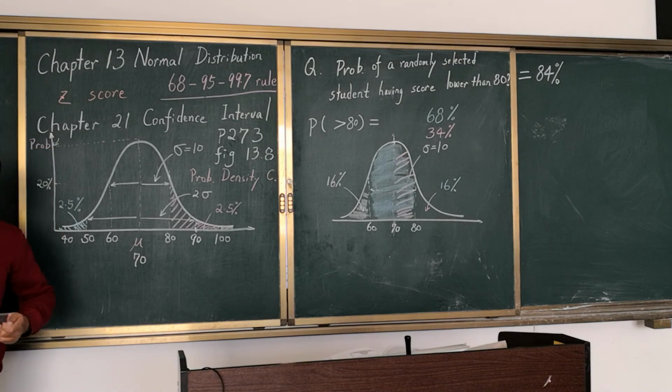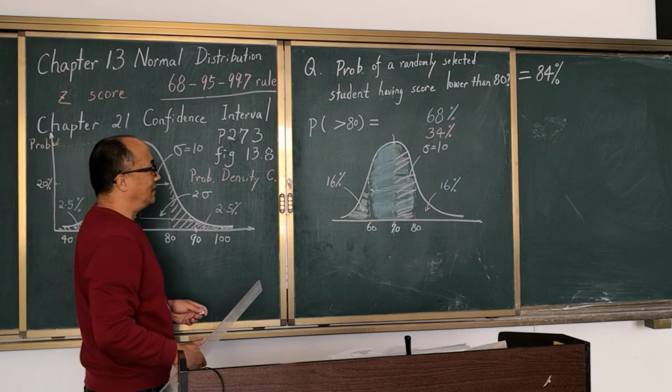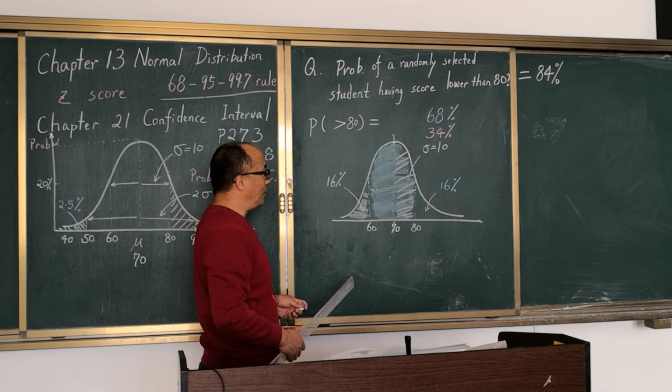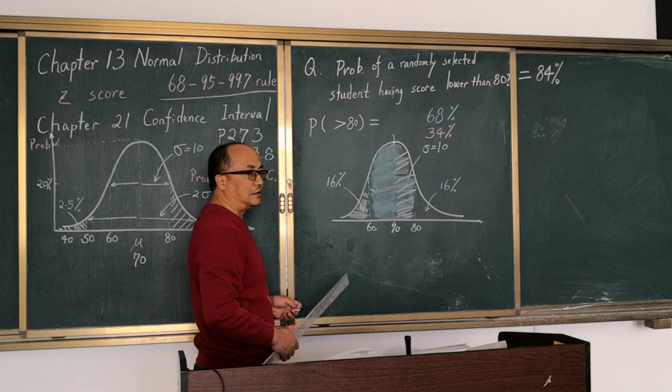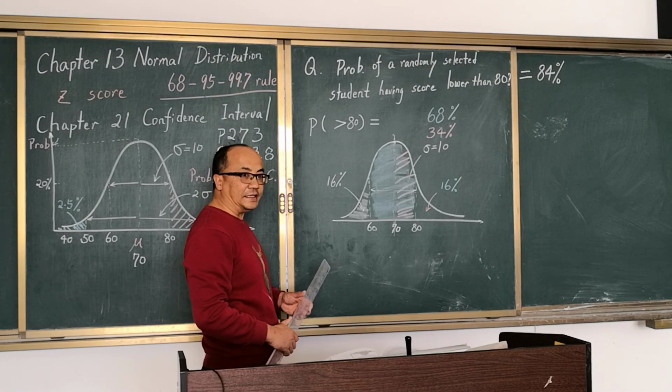Are you following? Okay. So what's the probability for a student that his score is between 70 and 80?